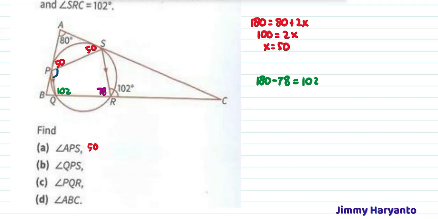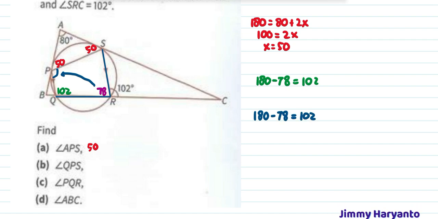Okay, to find the QPS, we will use the 78. 78 is a circumference angle, and the opposite angle will be QPS. That means the sum will be 180. So to find the QPS, only 180 minus 78, which is 102. So this one is 102. PQR already has 102.